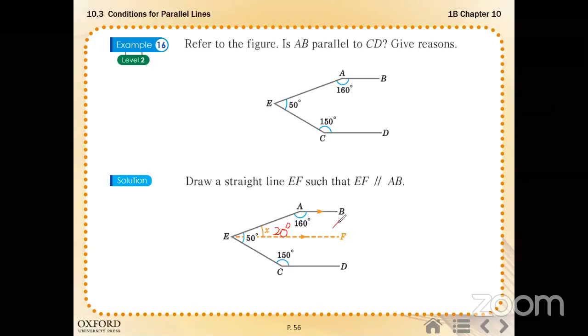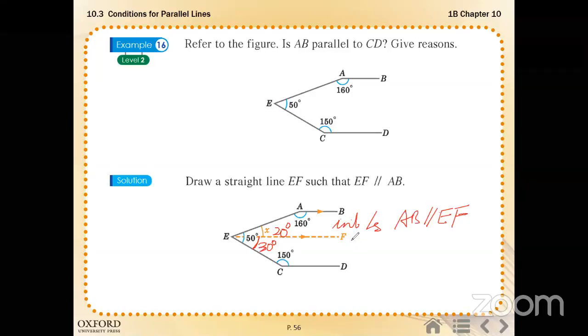Reason: interior angles, AB parallel to EF. Now, what we know is that if it is 20, then this part is 30. No special reason, because the total is 50.